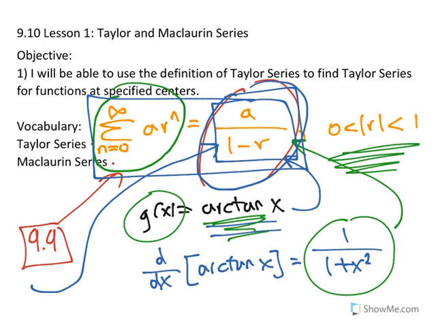That allowed us to represent a wide range of functions by power series. However, it was limited in that your function either needed to be written in the form a over 1 minus r, or possibly its derivative or its integral in the form a over 1 minus r.